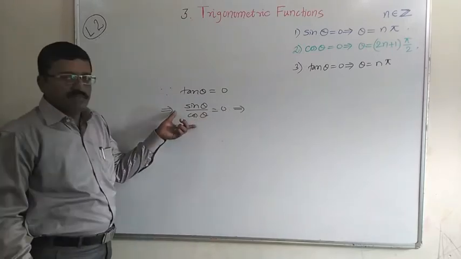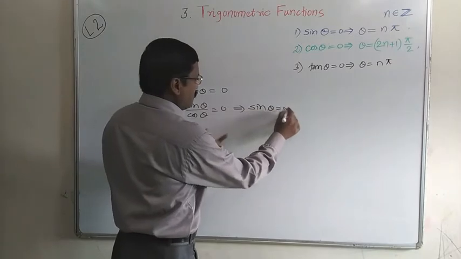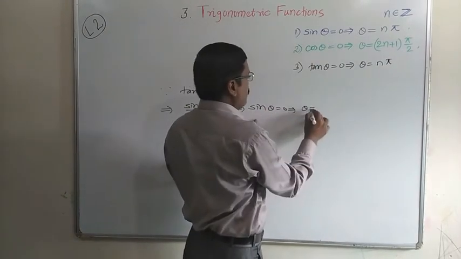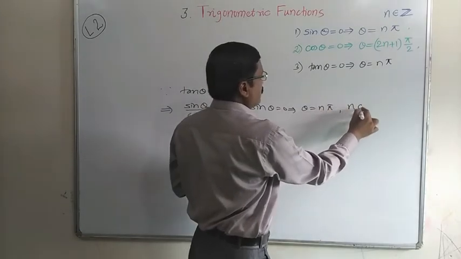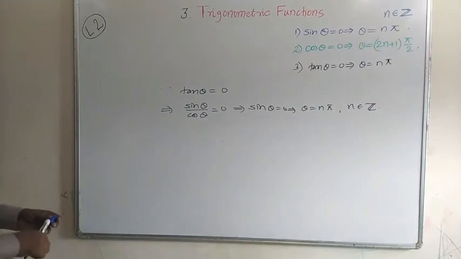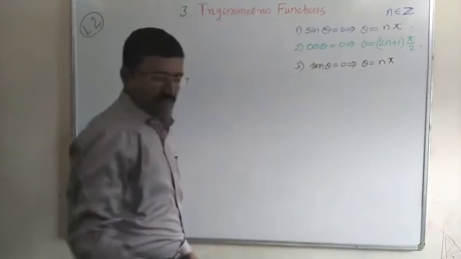This ratio will be 0 when its numerator is 0, so sin theta equal to 0, which implies theta is equal to n pi, where n belongs to the set of integers. So the third result is very easy to derive using the first result.